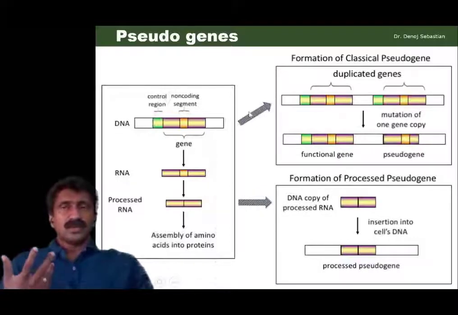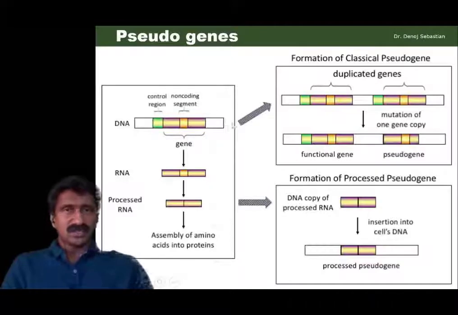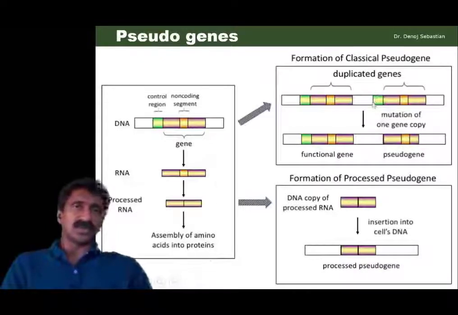Now, in the case of the formation of a classical pseudogene, this gene may be duplicated and now we have two genes, a duplicated gene present in the immediate vicinity of the first gene. So of these two duplicated genes, one among them may undergo a mutation in one copy of the gene which deletes the regulatory element.